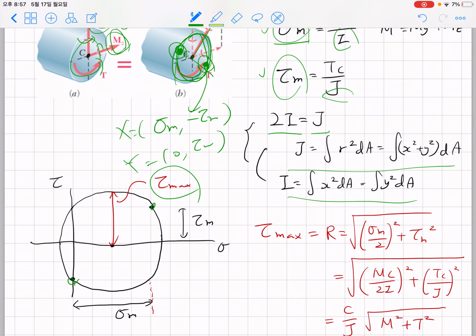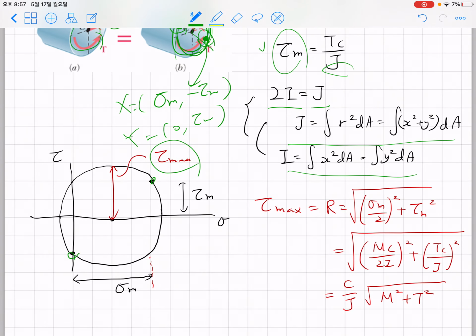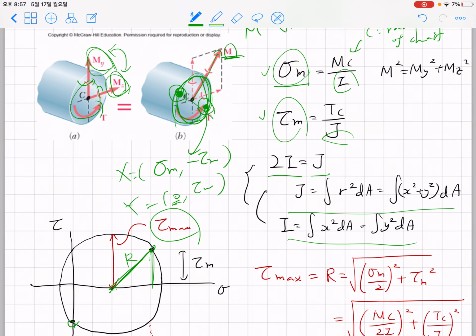So this maximum tau is given as this. R is simply, you have one direction with zero normal stress. Even though we have normal stress here, we don't have normal stress in the opposite direction.